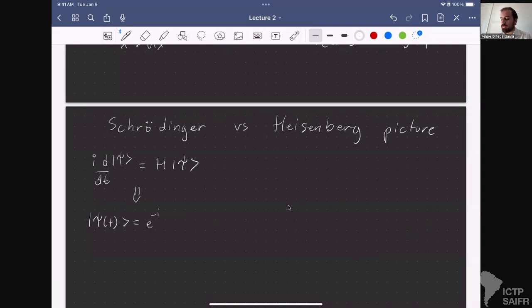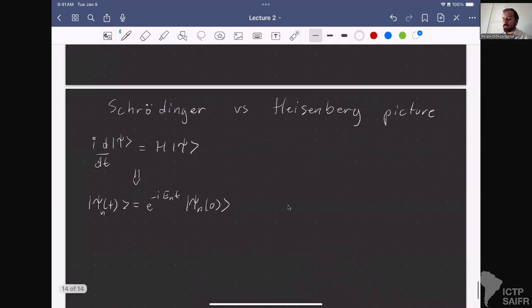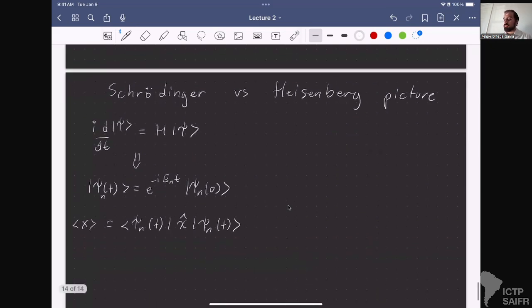If this is an eigenstate of your Hamiltonian, then the time evolution is kind of trivial. If you want expectation values of, say, the position, this is given by the time evolved state sandwiching the operator of position. And the operators themselves, you interpret as being fixed in time. They don't have any time evolution.